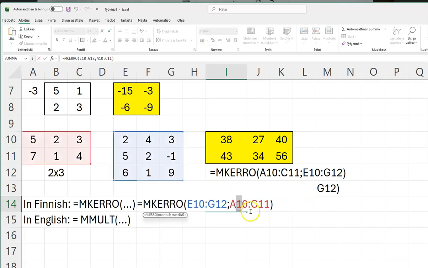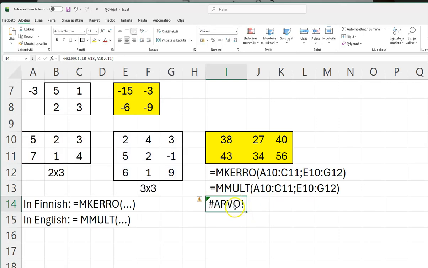I don't know if that tells anything more, but this tells us that there is some problem with that matrix multiplication. In this case it tells that if I try to multiply those in different order, then it is not possible to do that kind of matrix multiplication.